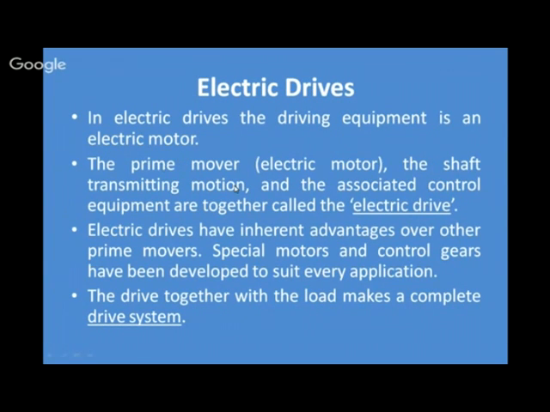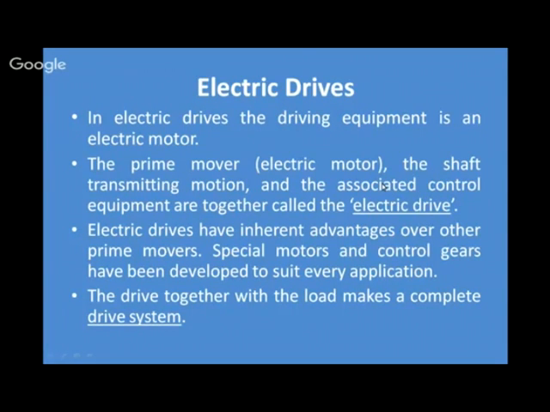So what is an electric drive? An electric drive basically means that we have the electric motor as the prime mover. Here the motor will give the force for driving the whole equipment in the machine.